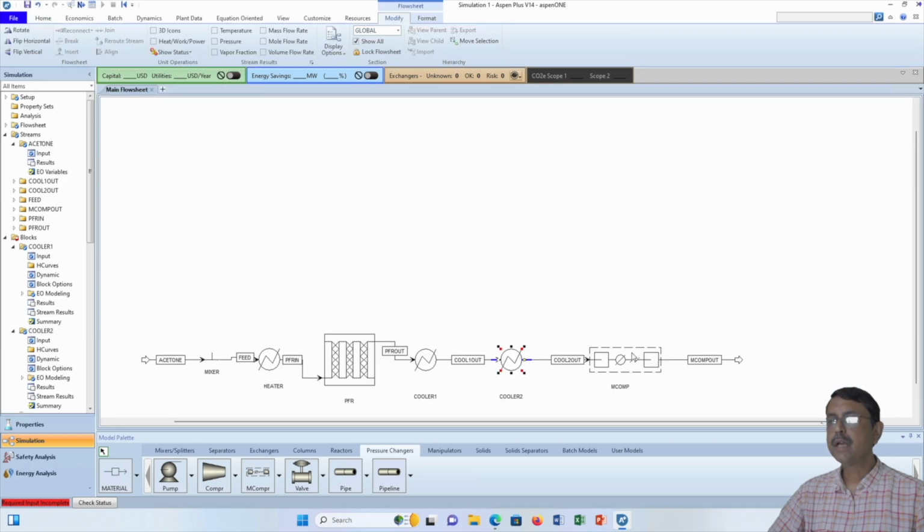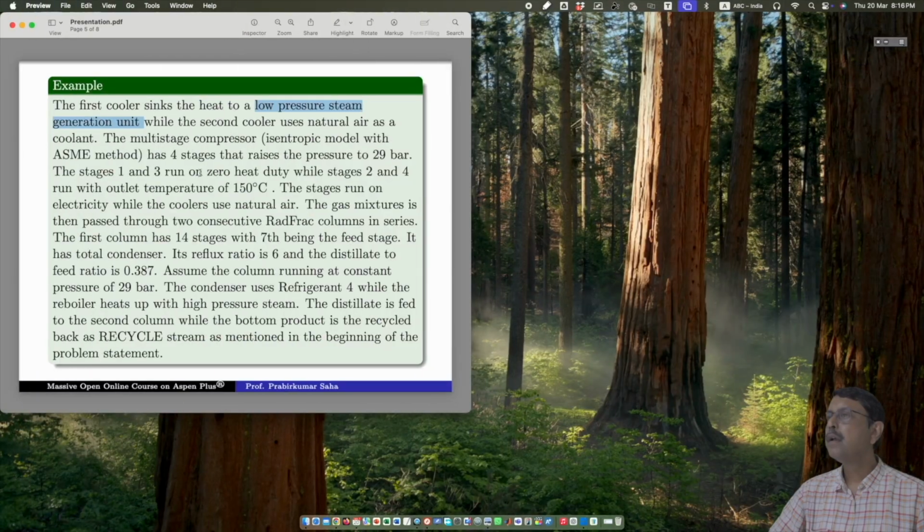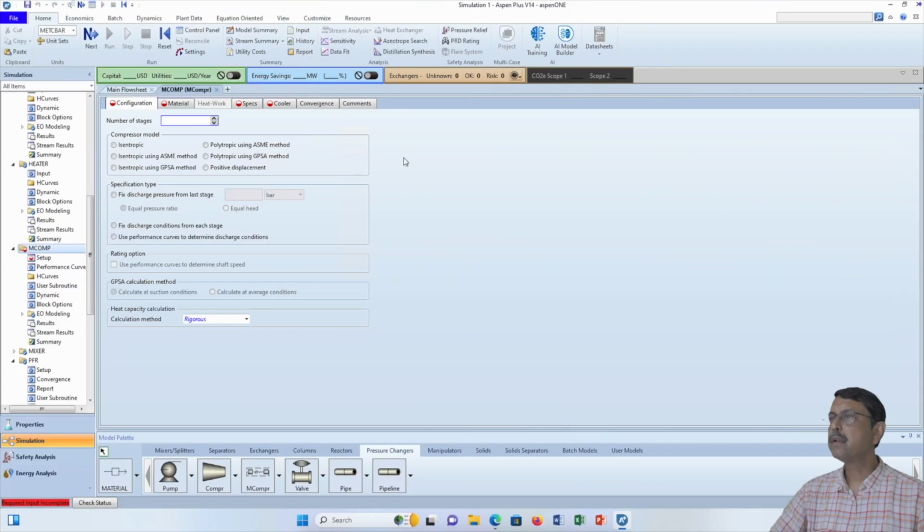Now go to the compressor. In the compressor, it says it is an isentropic model with ASME method, has 4 stages that raise the pressure to 29 bar. So 4 stages, isentropic using ASME method, and the pressure increases to 29 bar.